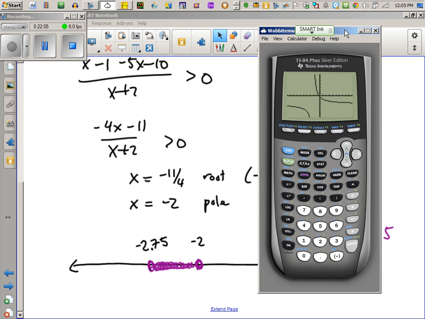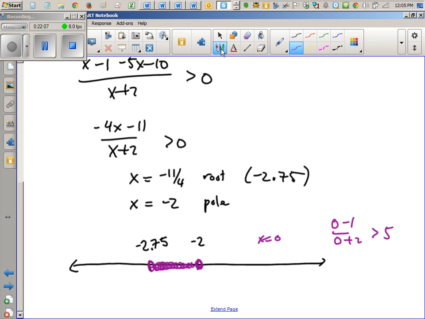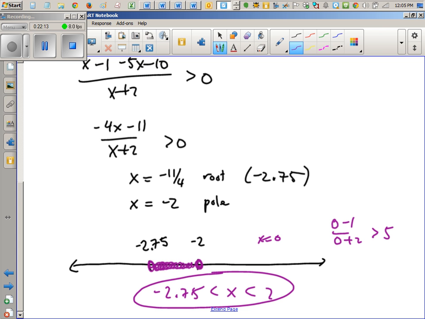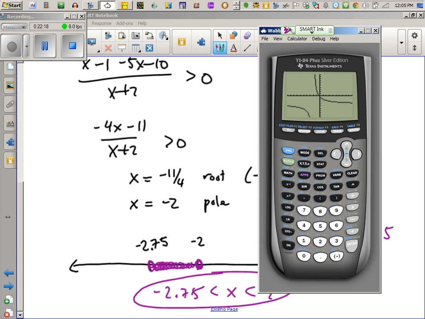Now my answer for this problem was, remember, negative 2.75 is less than x is less than negative 2. So let's see if we can find that in this picture. I think I may have typed it wrong. This should be an 11. One of these days I'm going to learn to type, but I have to go back to school to learn it.